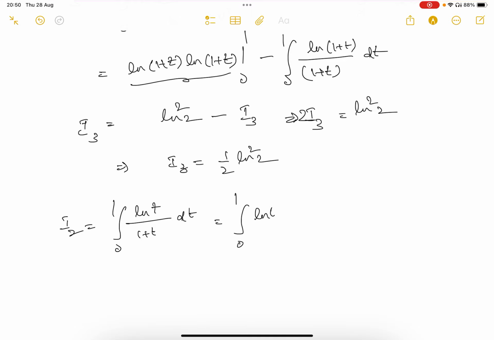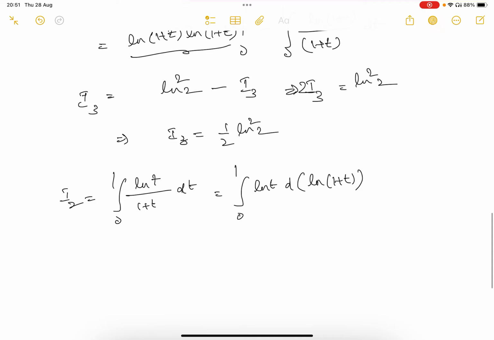This will be ln t into 1 by 1 plus t, which can be written as d of ln of 1 plus t. Sorry, there is no dt, right? So now apply the v dash form.